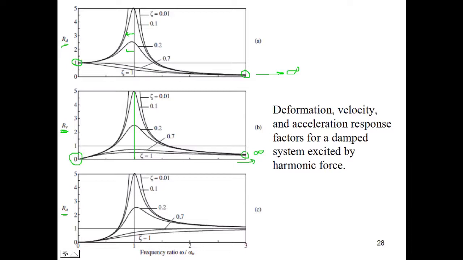The acceleration response factor Ra is 0 at omega over omega n equals 0, peaks at omega over omega n greater than 1, and approaches unity as omega over omega n approaches infinity. For zeta greater than 1 over the square root of 2, no peak occurs for Rd and Ra.